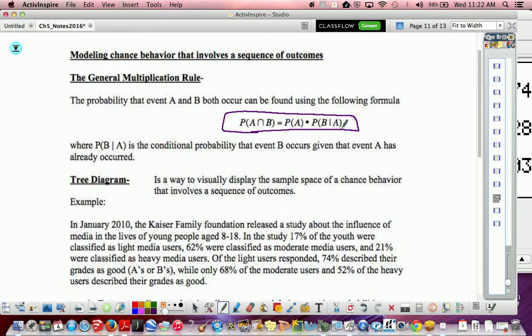Now, the easier way to demonstrate these calculations, which we do many times in probabilities, is to draw out what we call a tree diagram. It shows and lists out all the different possible outcomes that can occur in a sample space. So to demonstrate a quick example, let's take a look at this example below.